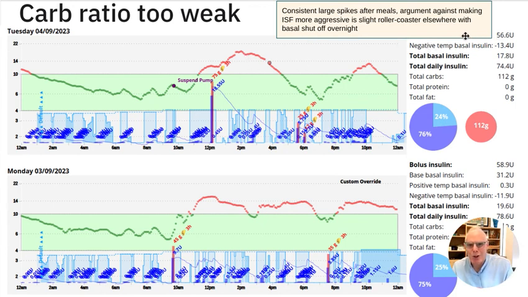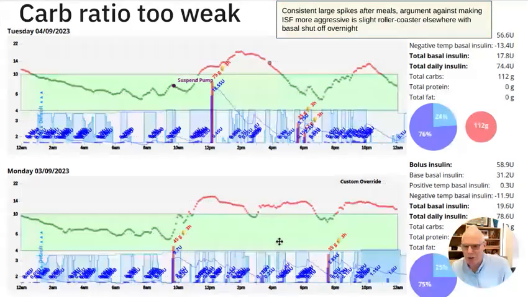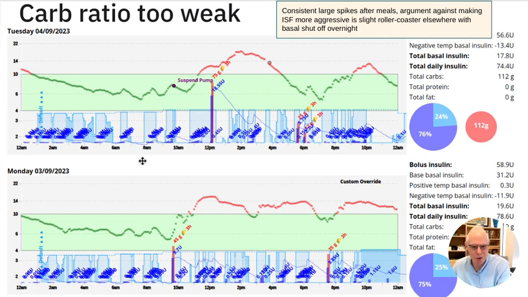There are some notes in the top right here by one of our previous high-level diabetes technologists saying that he would not have changed the ISF, even though I think it would have been a reasonable thing, because there was a bit of a roller coaster effect, and that the insulin was shut off overnight at this spot here. So high after meals, you're not going to be wrong if you strengthen the carb ratio.